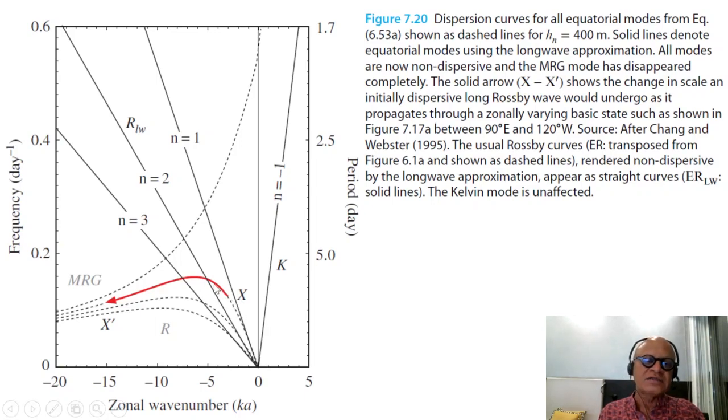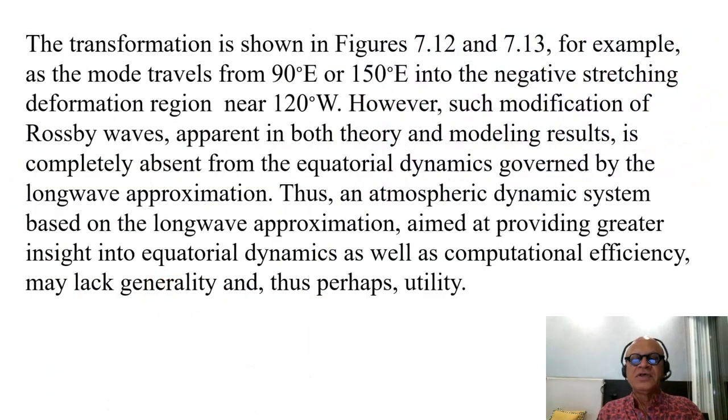It would get stretched and then head into smaller and smaller scales and reach near zero Doppler shifted group velocities and accumulate energy, whereas the mixed Rossby gravity waves completely disappear in the long wave approximation, and long Rossby waves propagate right through non-dispersively. So this is not that realistic, even though it's been used extensively.